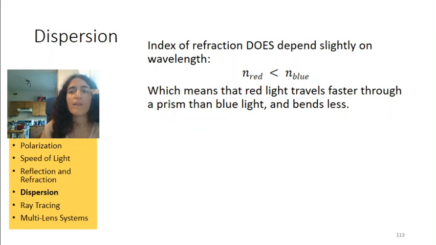So it turns out that blue light will travel slower through a prism than red light, right? And one way to represent this is by saying that the index of refraction in the red frequencies is smaller than the index of refraction in the blue.